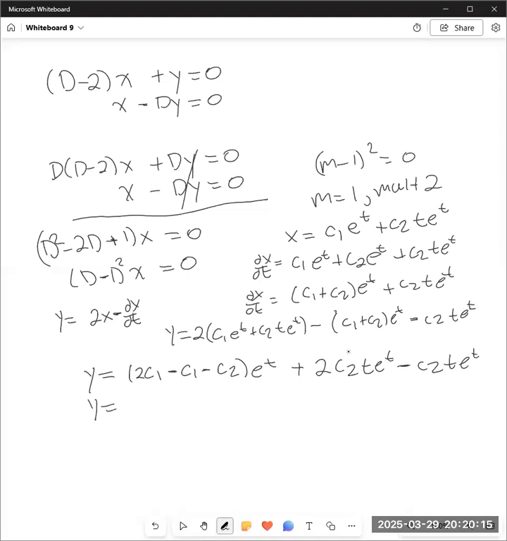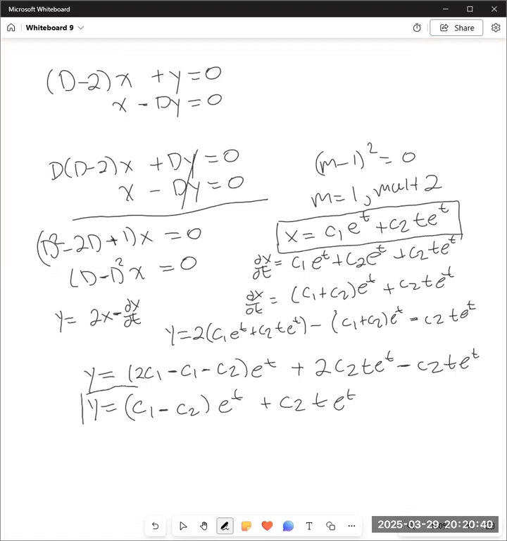So y equals (c1 minus c2) e to the t plus c2 t e to the t. So there's my x equals portion of my answer, and there's my y equals portion of my answer.